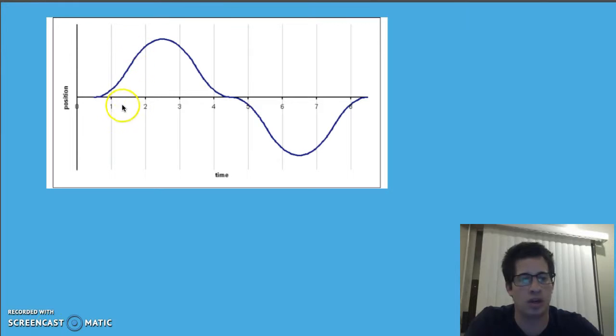Now we'll take a look at this graph and analyze some of the instantaneous velocities. We're not going to quantify them yet, we're just going to talk about them. We'll look at some of the times. The first question is, when is the object traveling in the positive direction, that is, when does it have a positive instantaneous velocity?